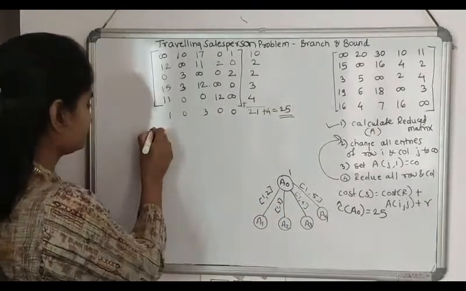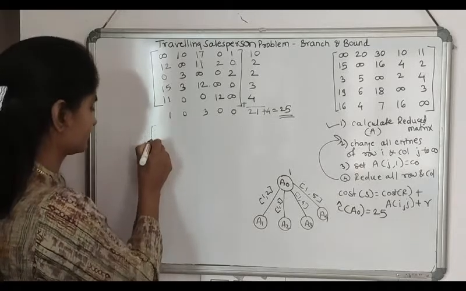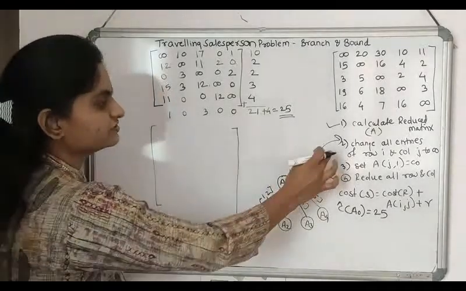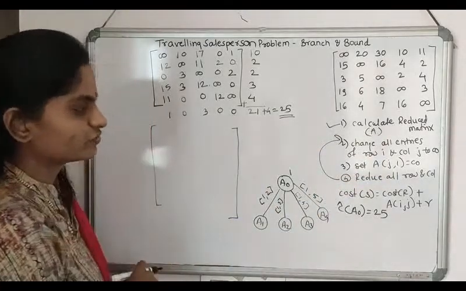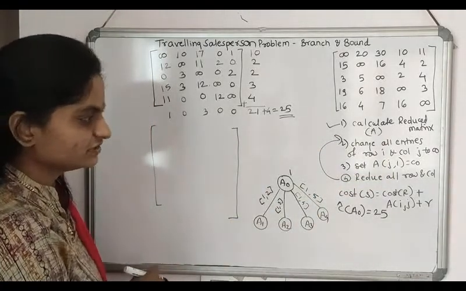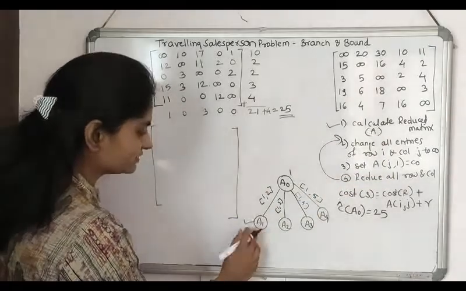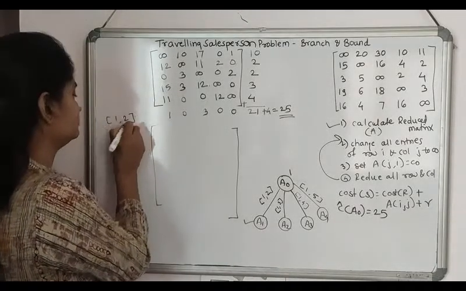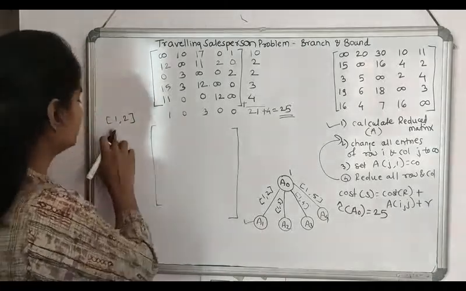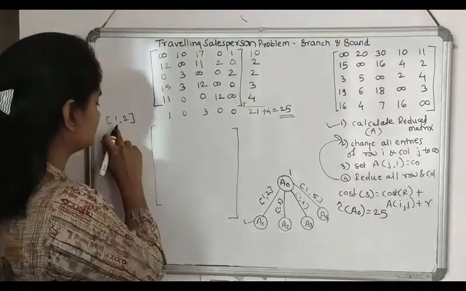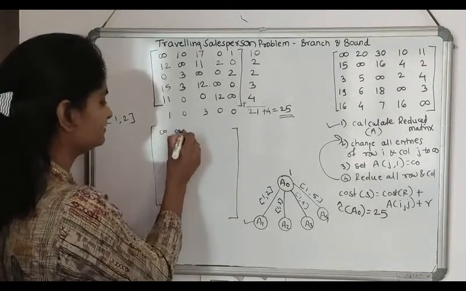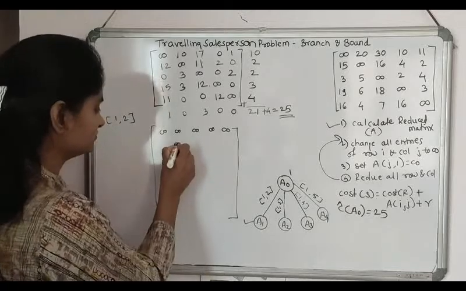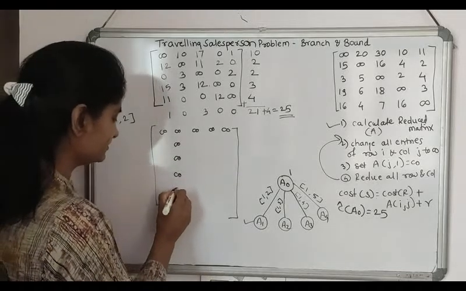Then change all entries of row I and column J to infinity. We are calculating the cost of this path 1 to 2. The first row is infinity and the second column is set as infinity.